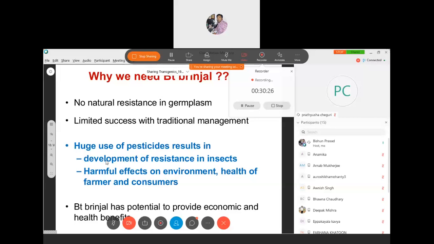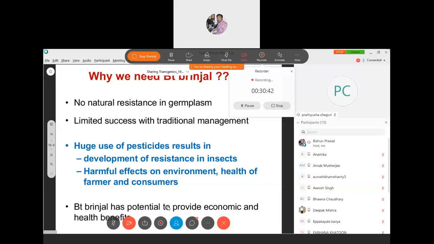So if we consume pesticide treated brinjal, it will harm us also. The harmful effect of pesticides on the environment as well as the health of persons is well known.